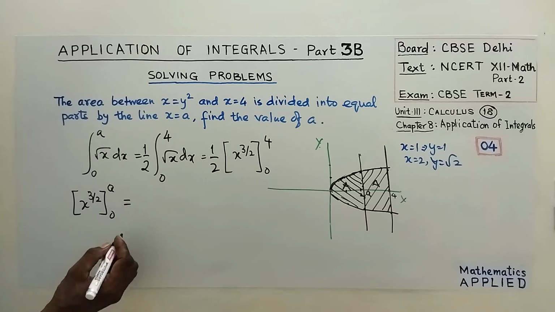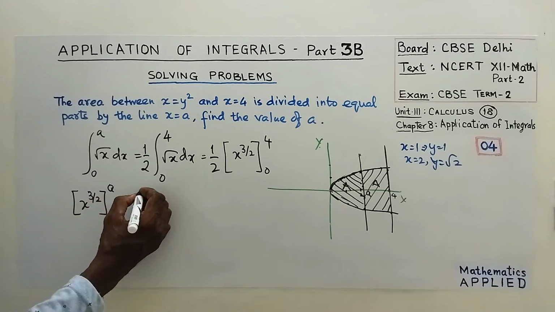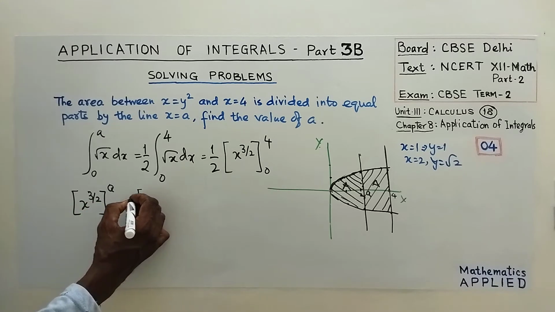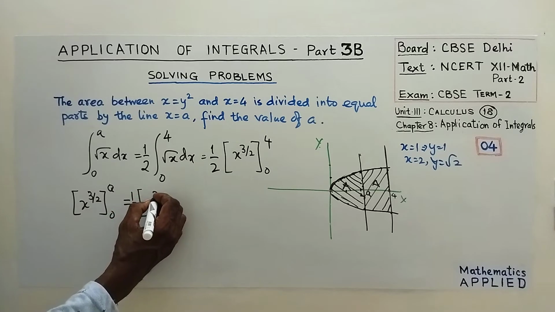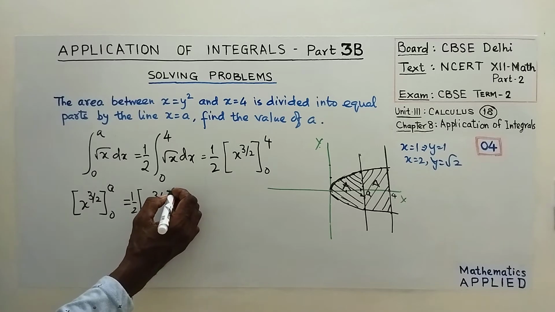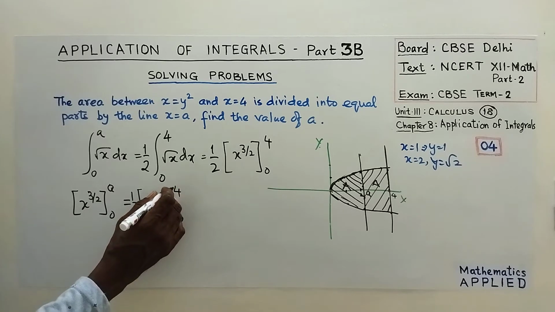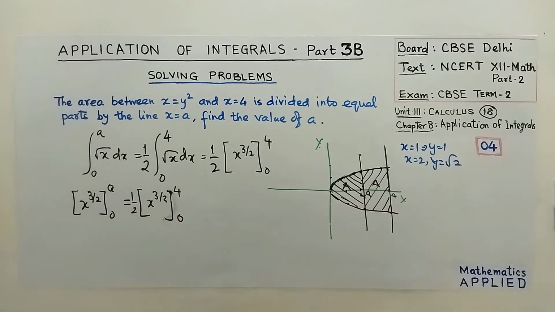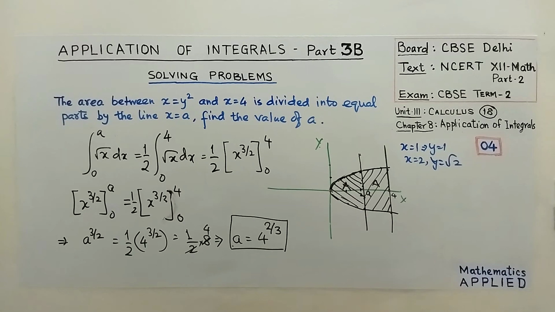So this gives me, on the left side this, and on the right side half of x power 3 by 2, from 4 to 0. So after solving, we get this: a is equal to 4 power 2 by 3. You can pause the video and see how it is being solved.